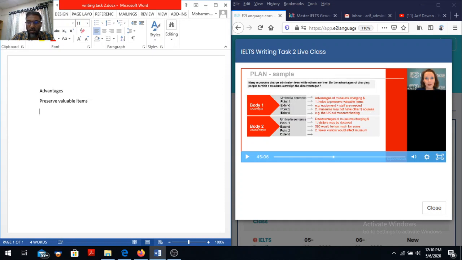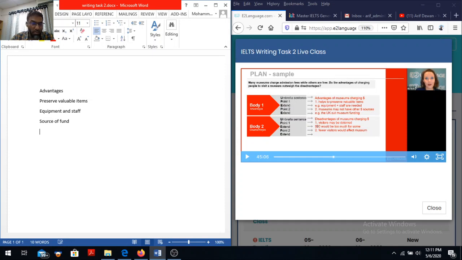Then equipment and staff are needed. We have to earn money only from admission fees, because a museum doesn't have any other source of funds.